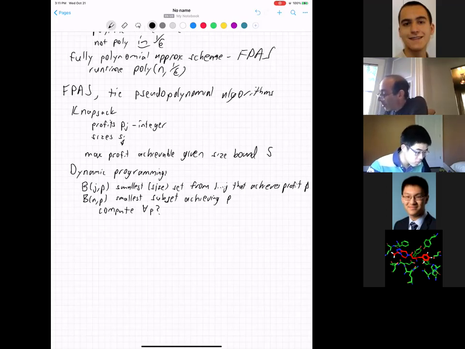So clearly the sizes increase with the profits.